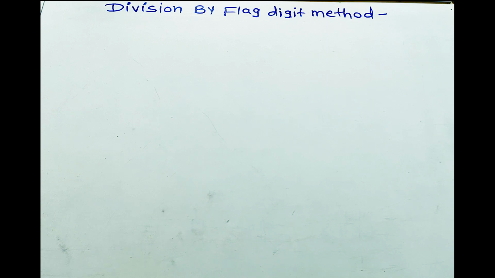The main characteristic of this method is that if you learn tables up to just 9, you don't need tables of large numbers. Just learn tables up to 9, and you will be able to solve division of any large numbers. At the end of this video, I hope that you will enjoy this method. So without wasting any time, we will start to learn this method.